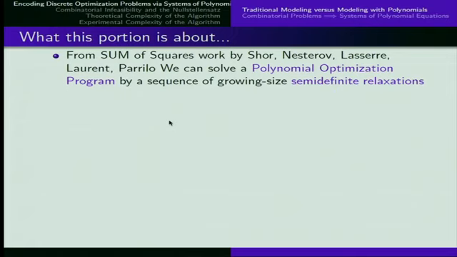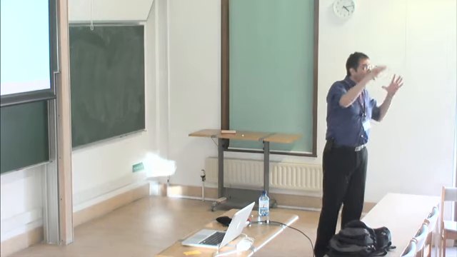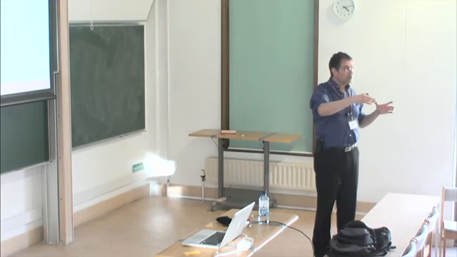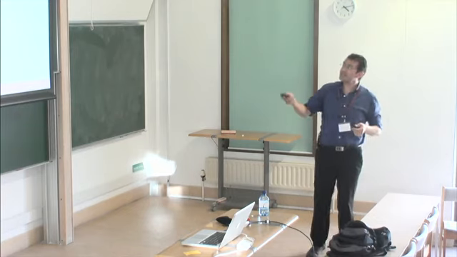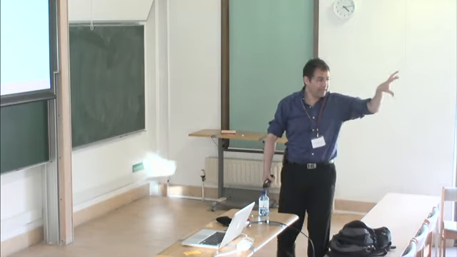Today, Tim talked about sums of squares. There was the mention of the work of several people: Jean Lasserre, Parrilo, and Monique Laurent. Several people have worked on this idea that when you have a polynomial optimization problem, you can approximate it by a sequence of semi-definite programs that, as we saw this morning, grow in the degree of the polynomial.